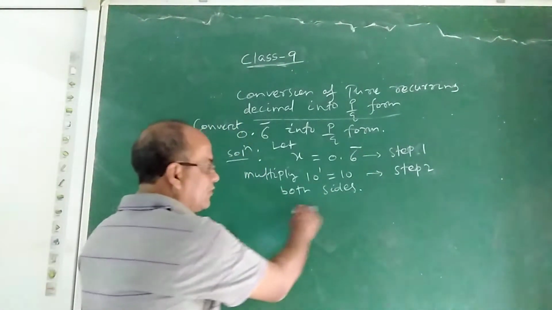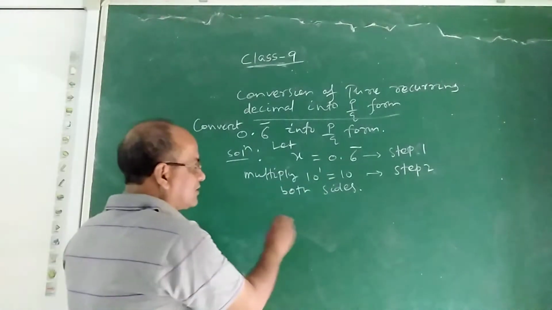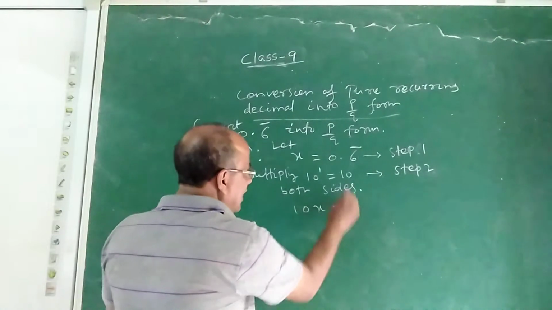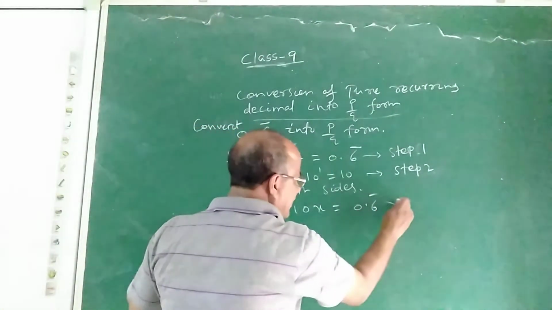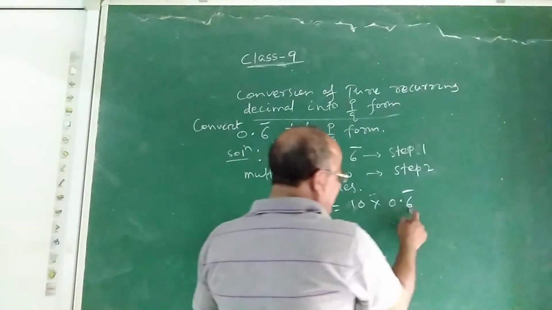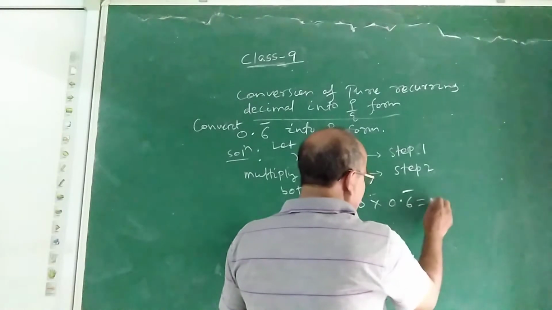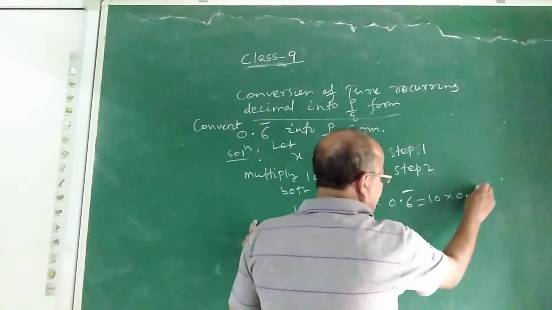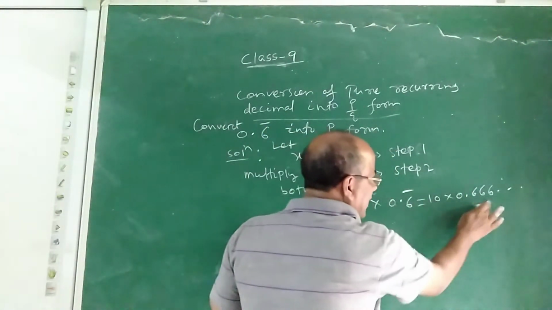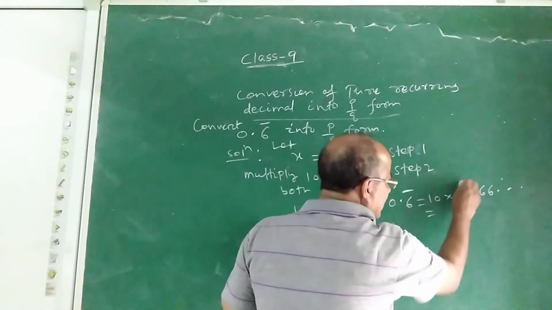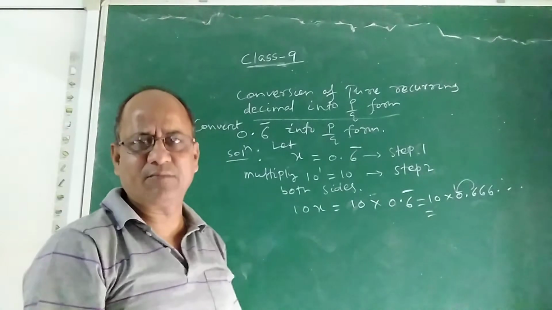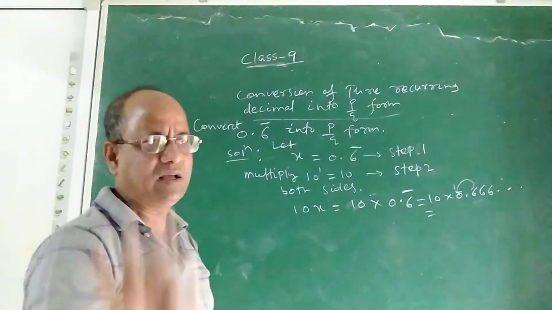Now let us see what is happening if we multiply 10 to both sides. This will become 10x and this will become 10 into 0.6 bar. That means 10 into 0.666, where the repeating digit is 6. You know how to multiply a decimal number by 10, 100, 1000, etc. from class 5.